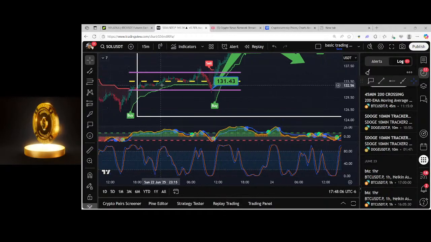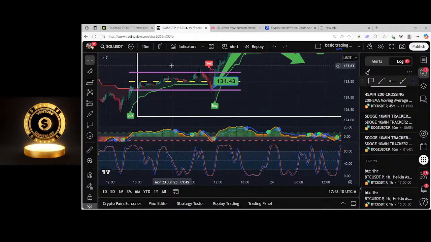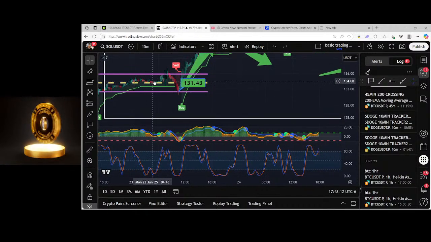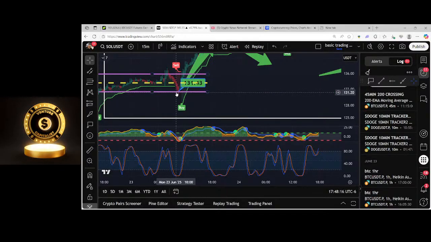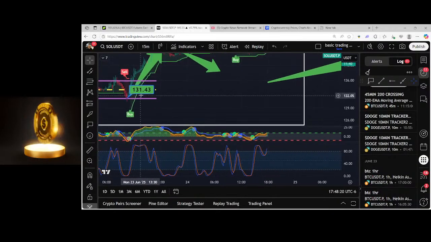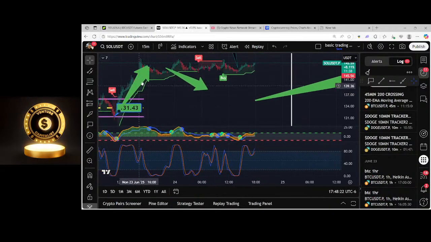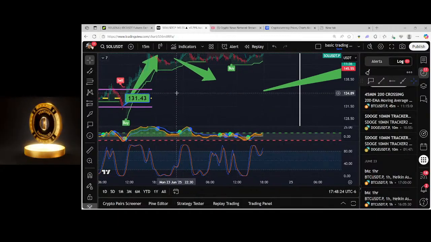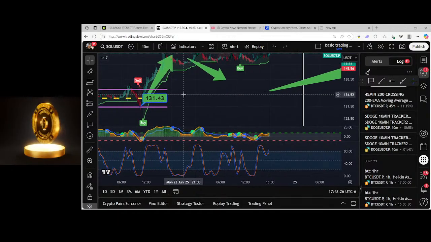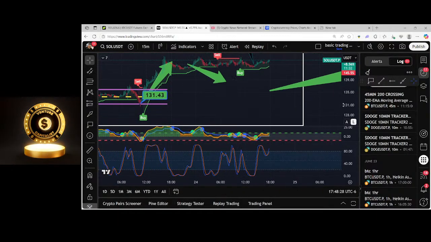Then you buy somewhere in this zone, and then there's this big dip, and you get wicked out, you get canceled out. Then all of a sudden it jumps on you and does this move here, and you go, man, I knew it was going up, I just don't know how to get in. You need to understand you have to play that to get in.